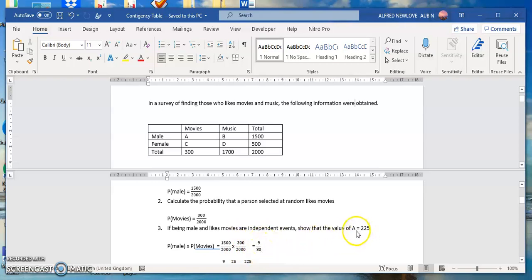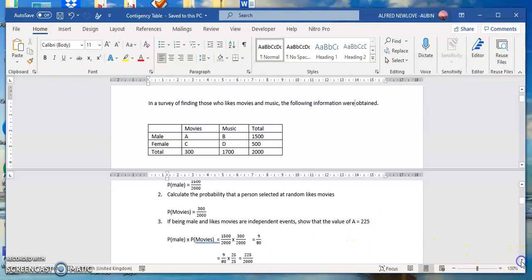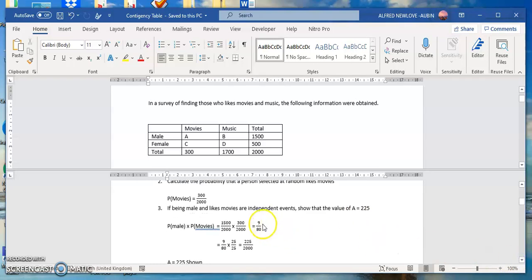But they are asking us to show that A is equal to 225. How are you going to do that? It means we are supposed to make the denominator 2,000. But here the denominator is 80. How do we make that? What we need to do is multiply both sides by 25. How did we get 25? To get 25, you divide 2,000 by 80.